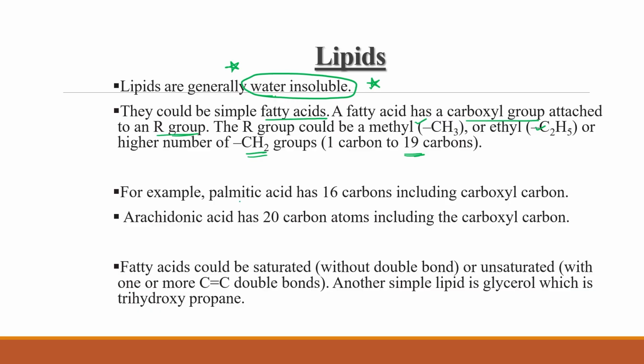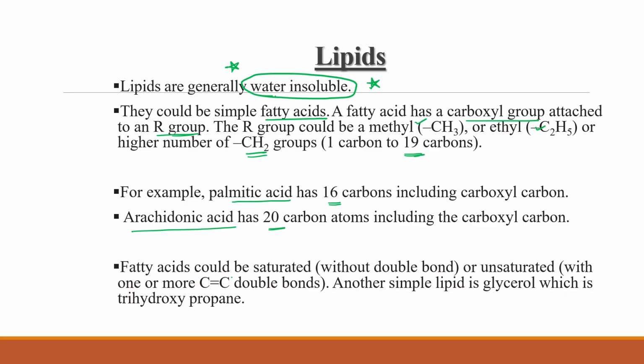There are certain examples, like palmitic acid comes under this category. It has 16 carbons, including the carboxylic carbon. Arachidonic acid has 20 carbons, including the carboxylic group.